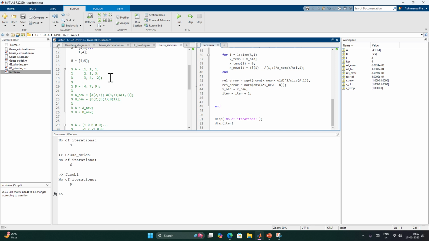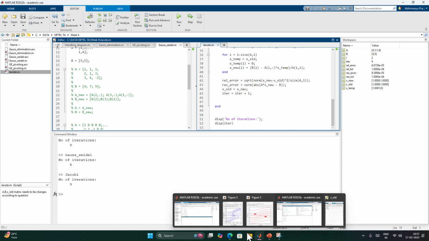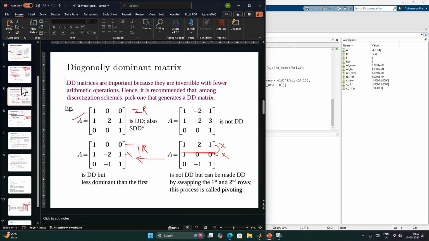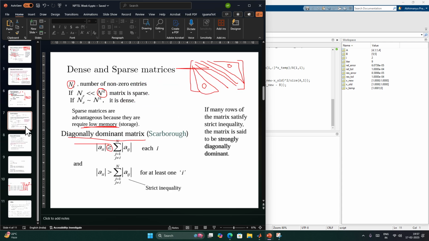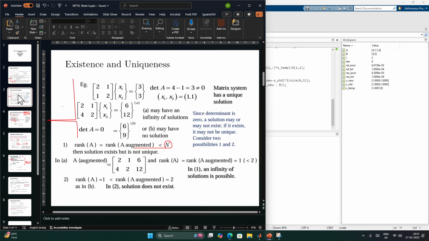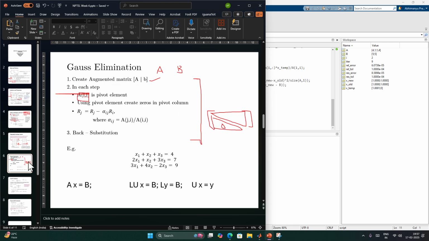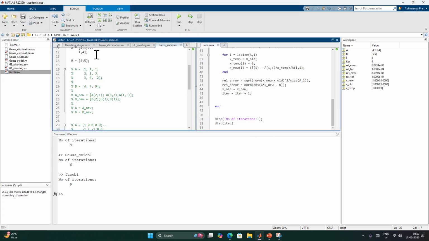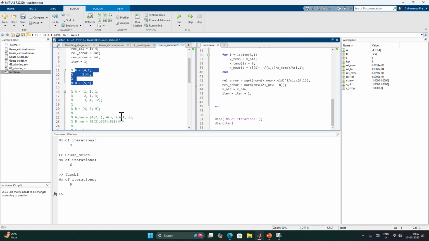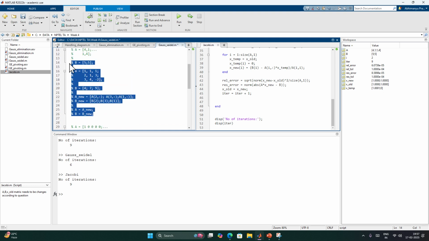Now we will look at this problem, the problem that we have been doing until now, the 3x3 problem. So let us look at this problem using Gauss Seidel and Jacobi iterations. Okay. So I will just comment out this part, and I will comment out this part.